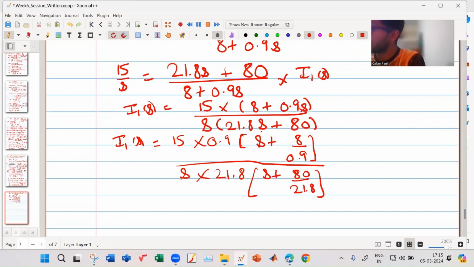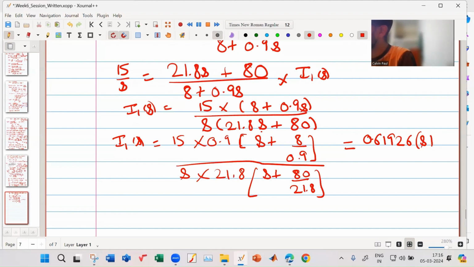What is 15 into 0.9 divided by 21.8? That is 0.619.